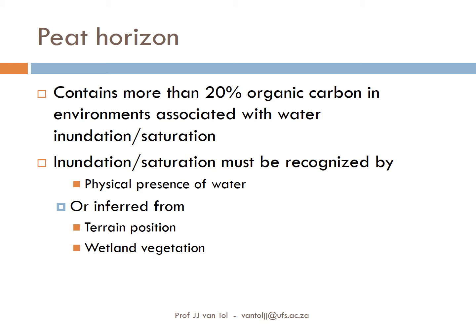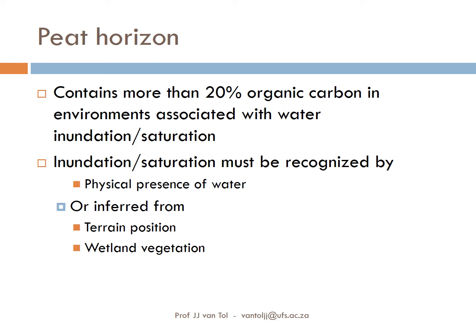What you'll also see is that there's a general description of the peat horizon, but then there's also a diagnostic criteria, and that diagnostic criteria is the most important part of a classification, because before you can classify a horizon as a specific horizon, it has to adhere to that diagnostic criteria. So essentially you can change the diagnostic criteria into yes and no questions.